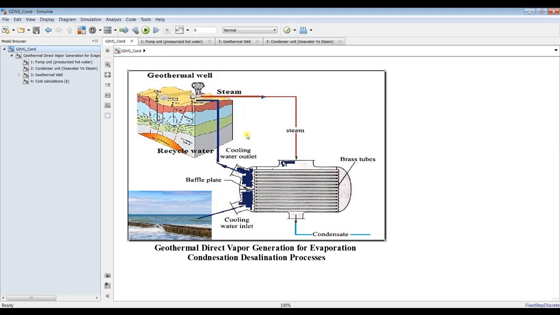The idea behind this is simple. We need to pump seawater through the condenser unit, and then use a geothermal well as a brine heater.